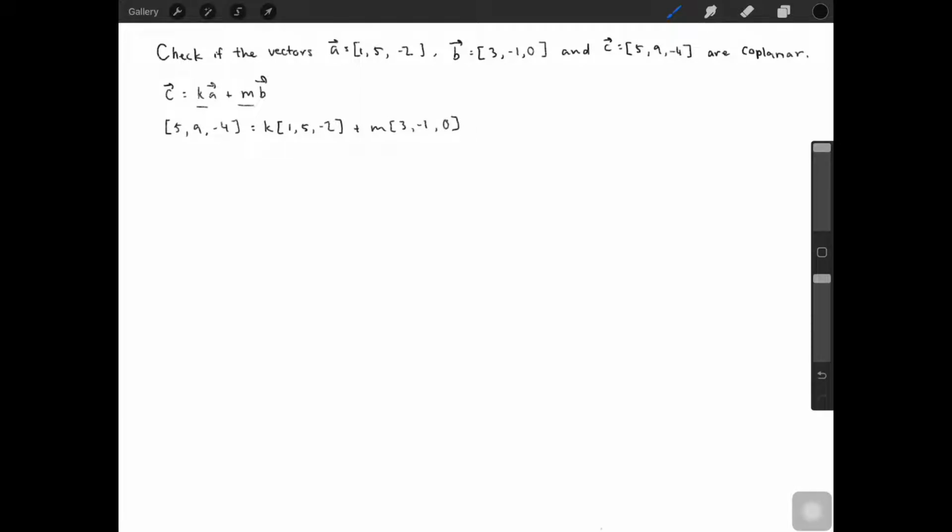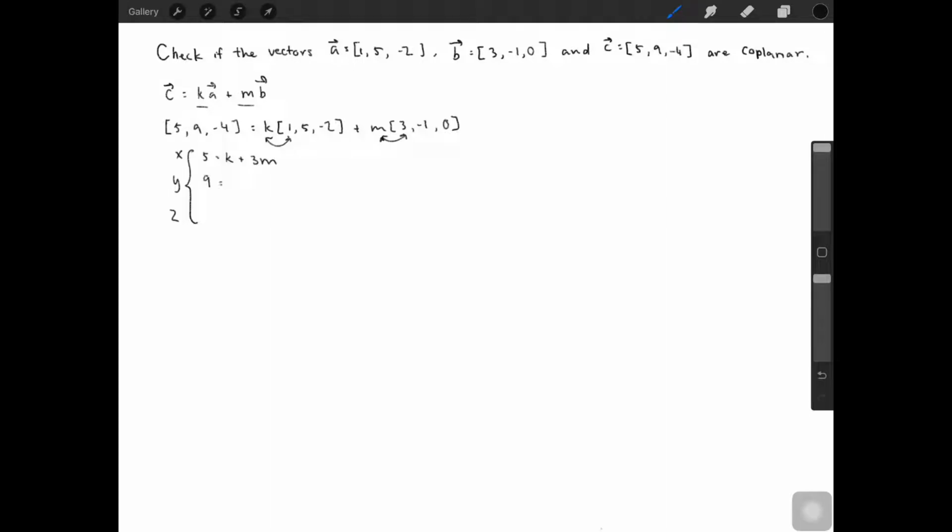Okay, so we can write this as X, Y, Z as well. So we have three equations. So we can do 5 equals 1 times K, which is K, plus 3 times M, which is 3M.